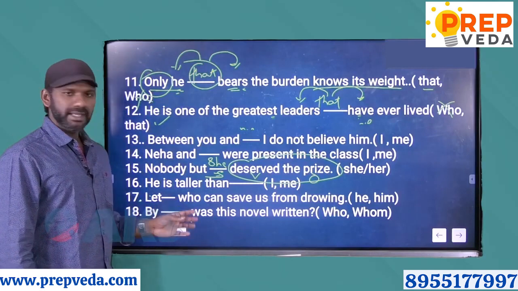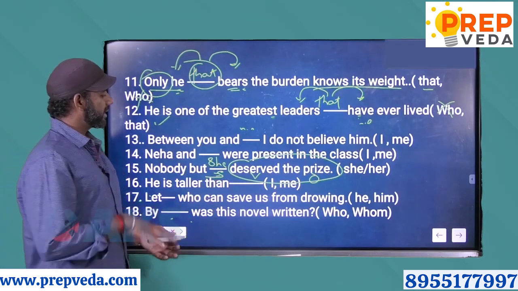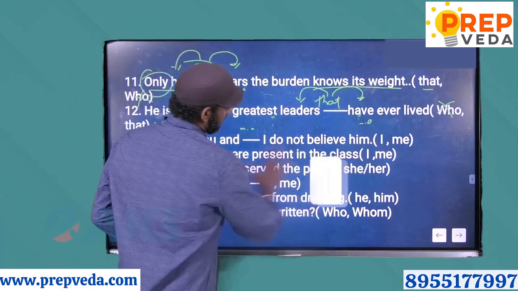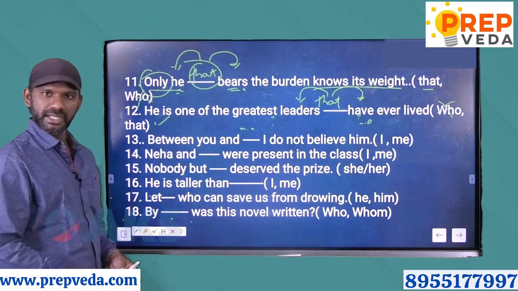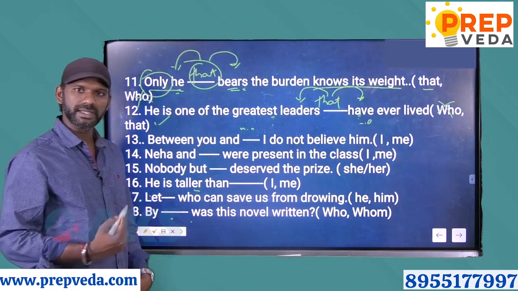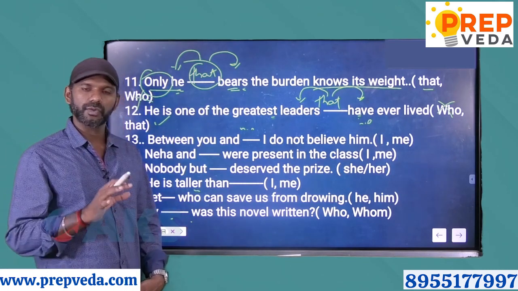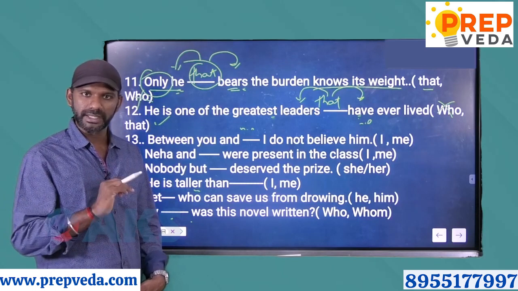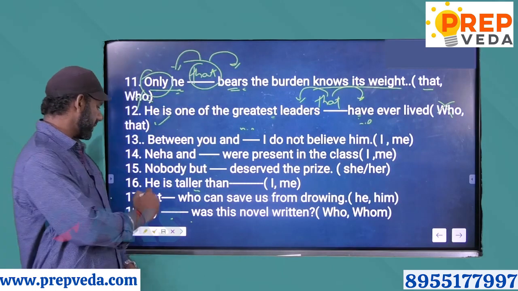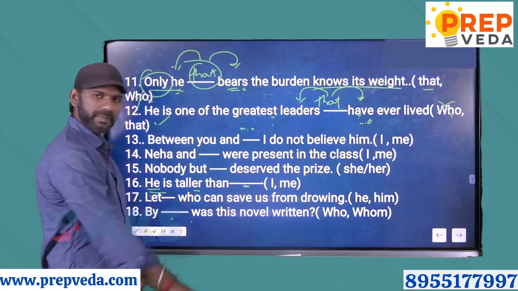He is taller than dash, right? He is taller than dash. Taller is a comparative degree adjective, an ER word. ER words and more words are termed as comparative degree adjectives. And we use a comparative degree adjective only when we draw a comparison between two entities. We have two entities here. One is he and the other one is a blank.